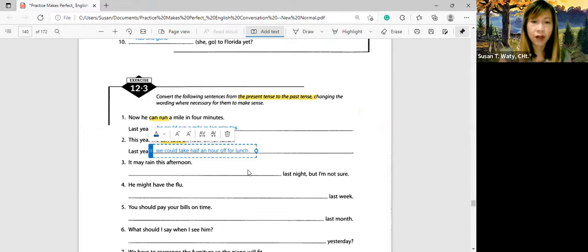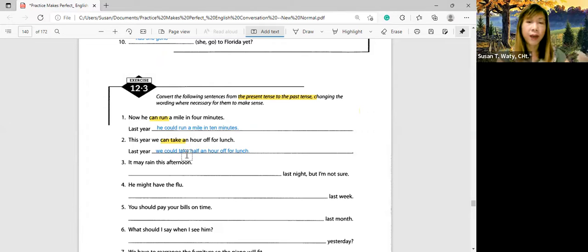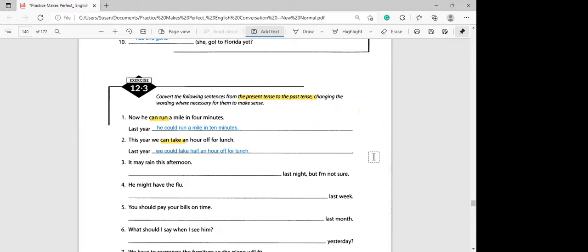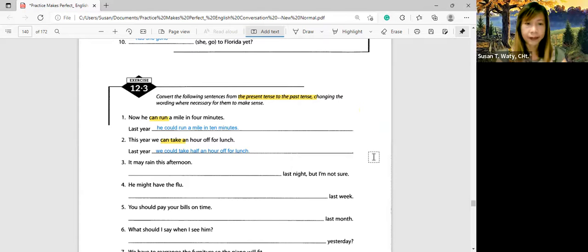Oke, jadi tahun lalu lebih pendek ya. Jadi tahun ini kita bisa istirahat makan siang selama 1 jam, tapi tahun lalu istirahat siangnya hanya setengah jam. So we have the verb here, can take. So can turns into could again, just like number 1. Very simple. Okay, perfect. Thank you, Brandon.